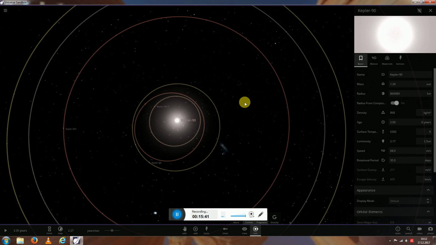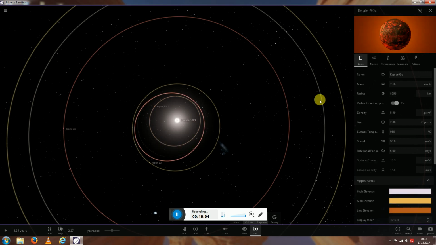Okay, I got their distance more or less correctly, but I guess I should place them to the exact kilometer. I was off by a few kilometers, but I guess that makes one heck of a difference. But now this planet Kepler 90c is completely out of whack, which is making the orbit completely distorted.